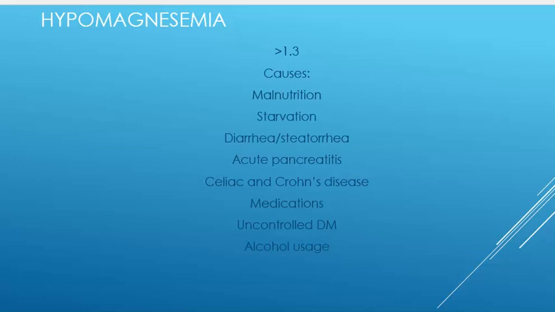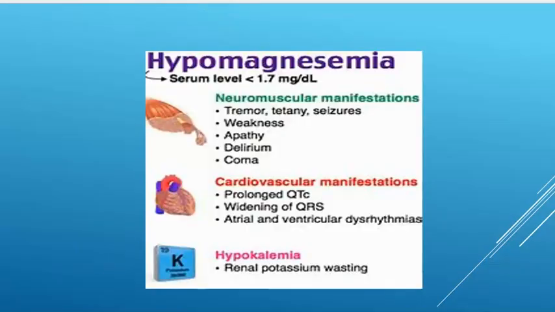These are medicines that can cause hypomagnesemia: your proton pump inhibitors, diuretics, and there's also a couple chemo drugs. Our major source is from our diet: whole grains, fruits, veggies, and fish. Here's another chart.